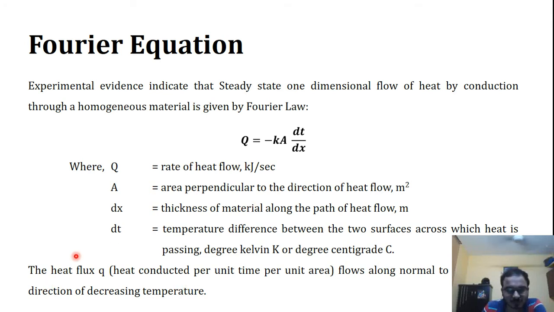So what is heat flux? When we divide this Q with a capital A, then the right hand side will be minus K dT by dx, and that is called heat flux q. It flows along normal to the area A in the direction of decreasing temperature.